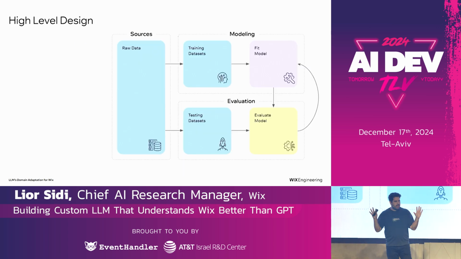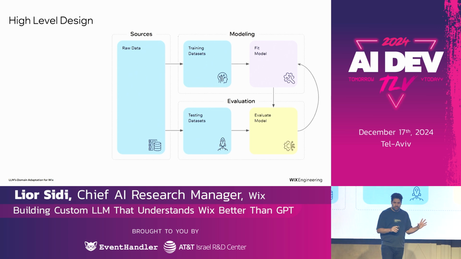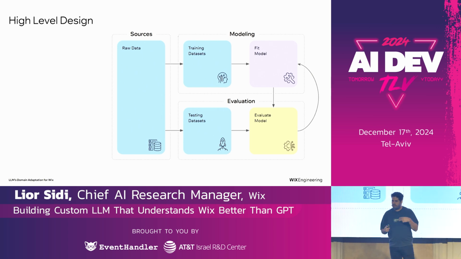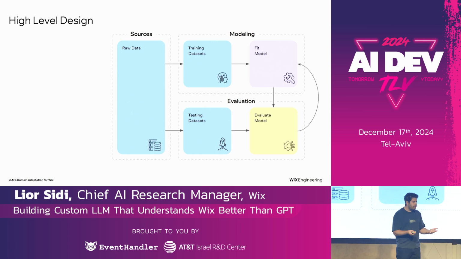So let's talk about the high-level process of how we are actually doing it. We start on the left with mapping the different data sources that we are going to use for two processes. The first process is the training. We want to create training data sets where you have the input and the output that you want the model to generate text upon.